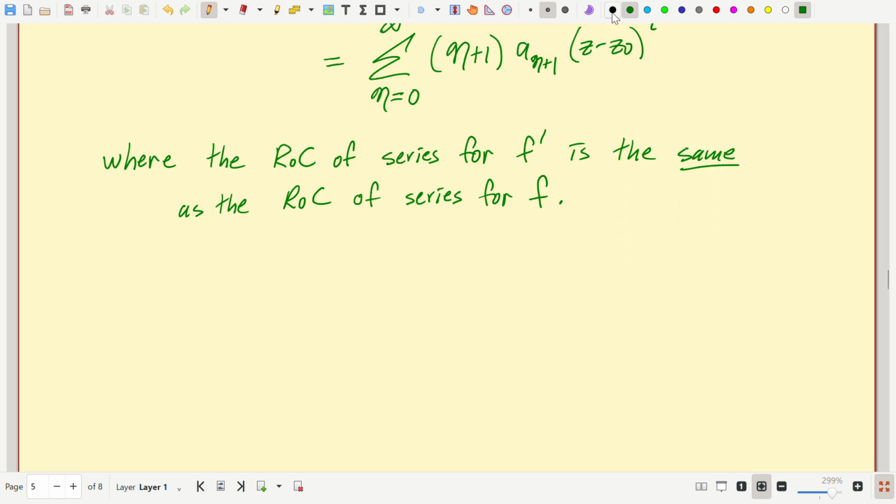First of all, here's the why. Let's write f prime of z. Well, we know that f prime of z is analytic where f is.